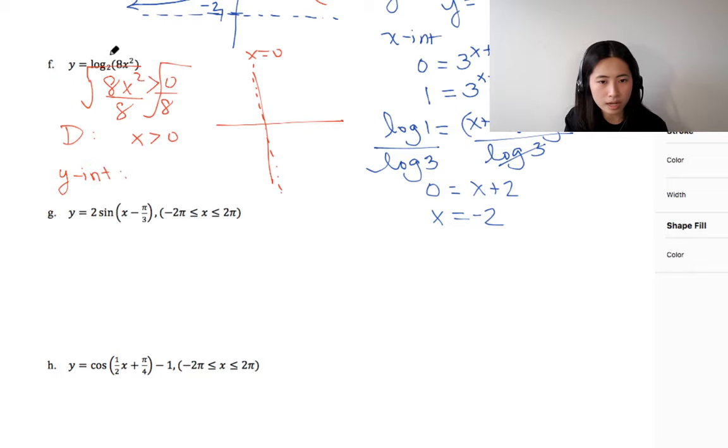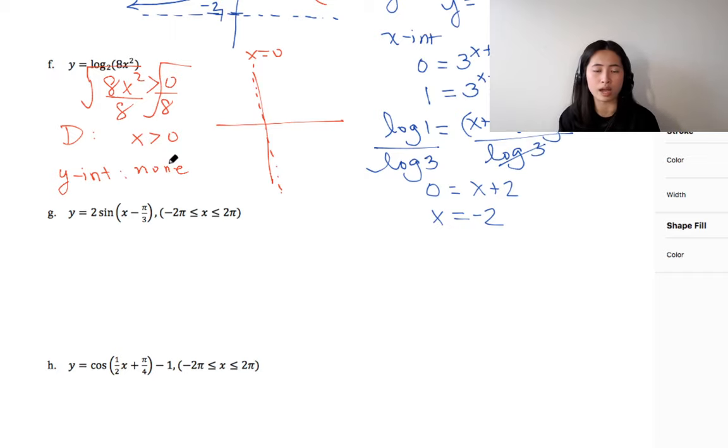First of all, you don't have any y-intercept, and the reason is that if you plug in 0 in your x squared, you're going to see that it's 8 times 0. So we cannot have this as 0, therefore you don't have any y-intercept. That's why it's none. Again, as a reminder, there is a difference between saying you have 0 as your y-intercept versus none. So make sure you pay attention.